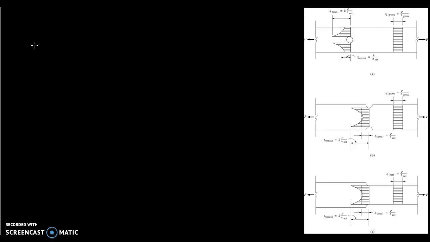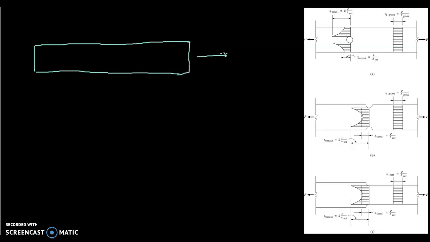So for example, I have a rectangular bar, and I apply a load to it. I've got a load of P, and the assumption then is that the stress is evenly distributed across the cross-section here.